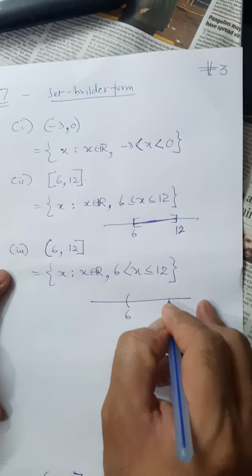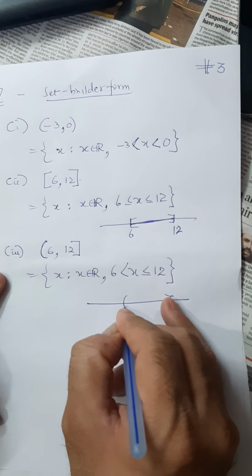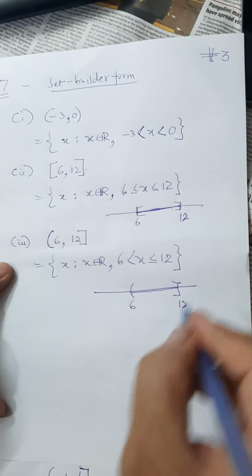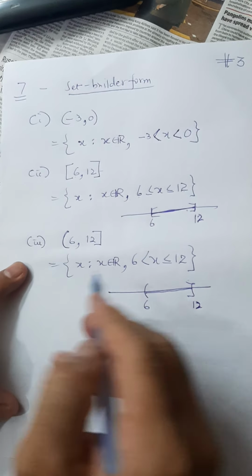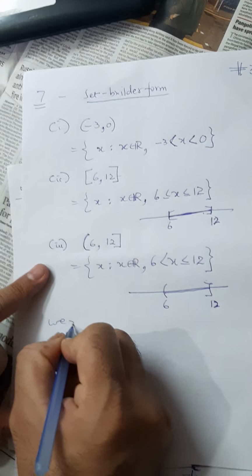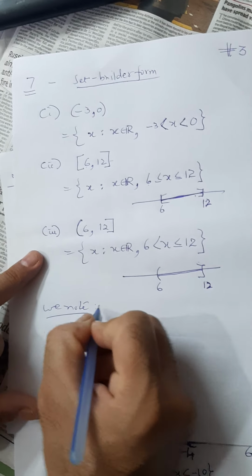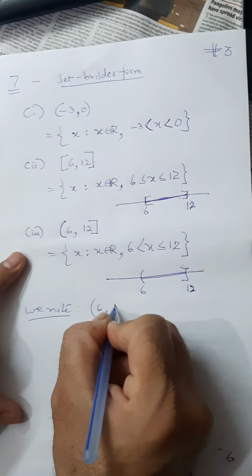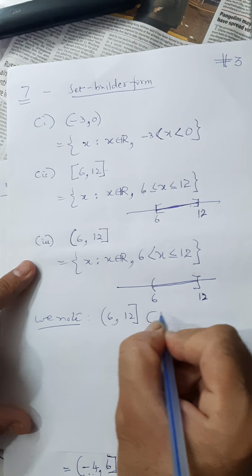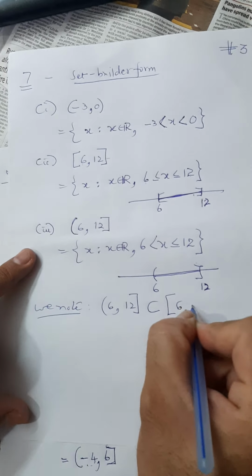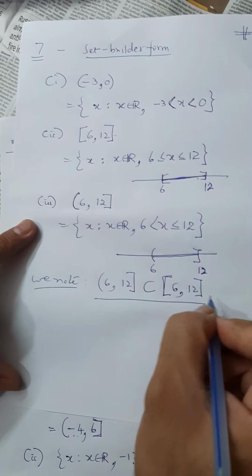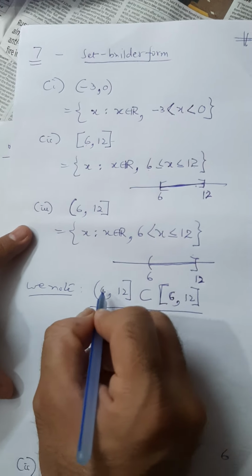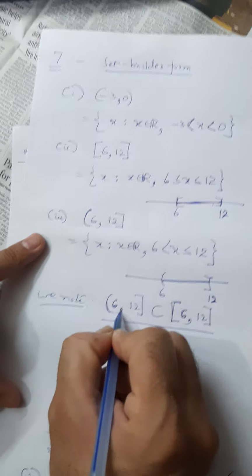Here 6 is not included, 12 is included. So in these two, there is one number extra, 6, which is not present in this. So we note that open 6 close 12 is a subset of the closed interval 6 to 12. There is one number extra, 6, which is not present in this.